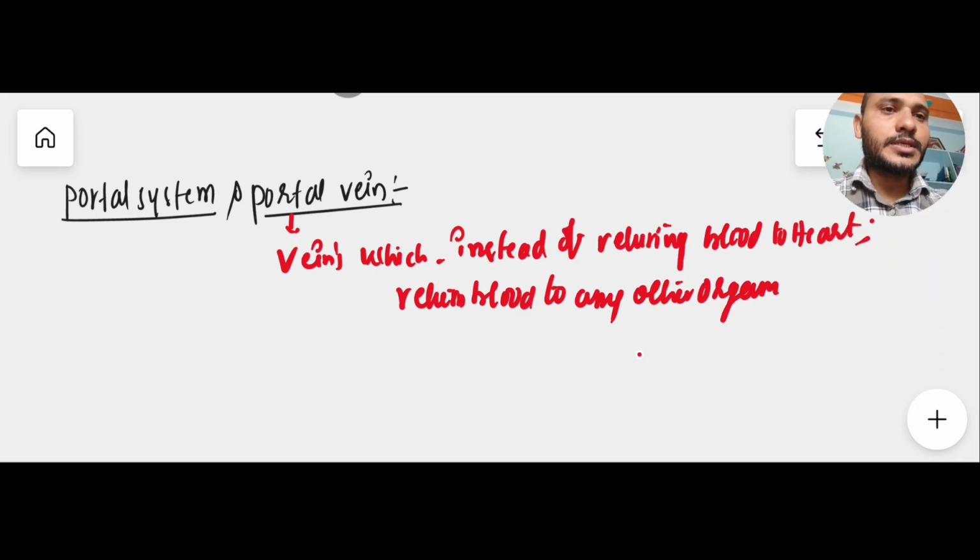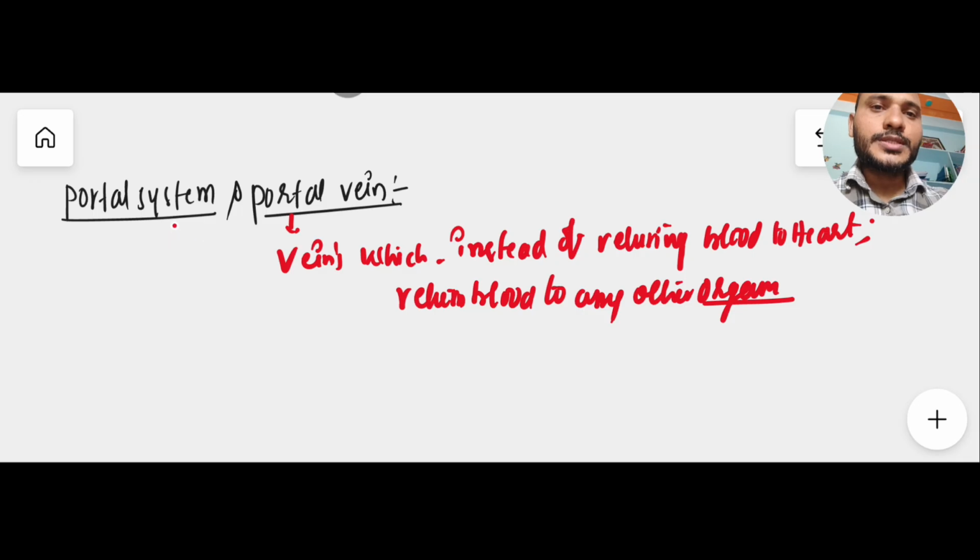For example, generally the veins return blood to the heart, either the superior vena cava or the inferior vena cava. But in this case, the portal vein, instead of returning blood to the heart, returns blood to an organ. A very important point is the organ.